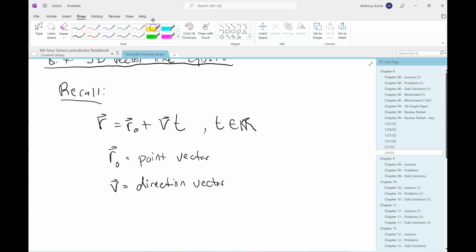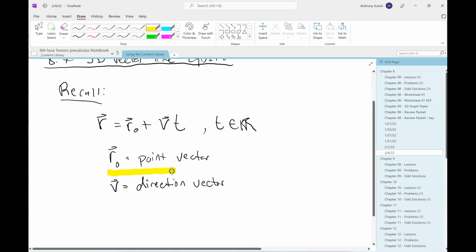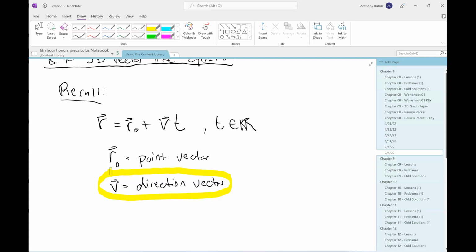Now, the place where things get a little bit weird in 3 dimensions is, what the heck does a direction vector mean in 3 dimensions? In 2 dimensions, we just used slope as our proxy for the direction vector, and it was an easy conversion.